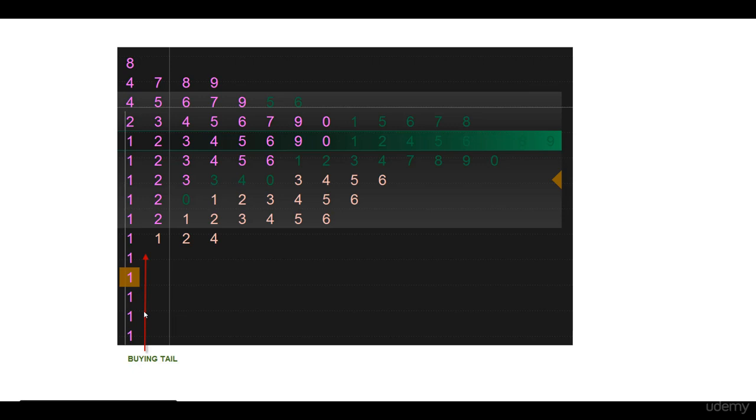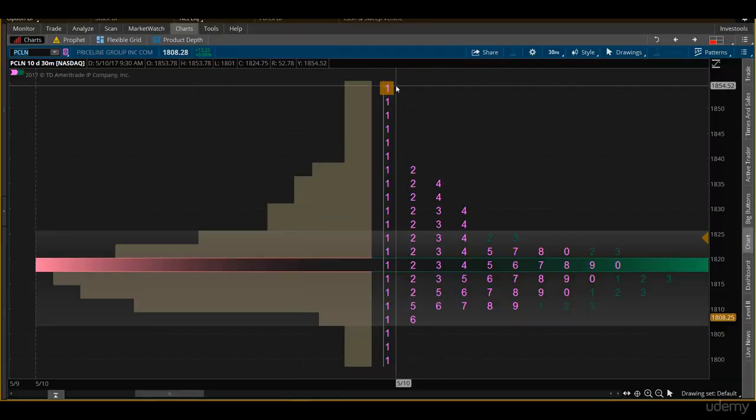Now the next thing after the buying tail is the opposite of it, which is a selling tail. Here is an example of another chart. Say the price is $1,000 for an iPhone, and the person who bought it for $1,000 most likely wants to sell it for $1,050.